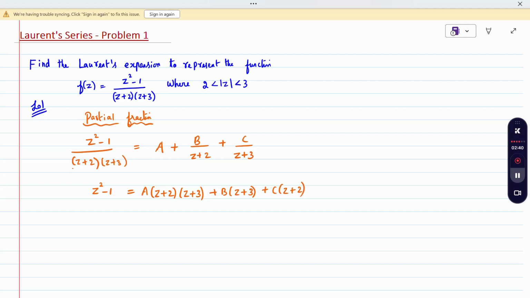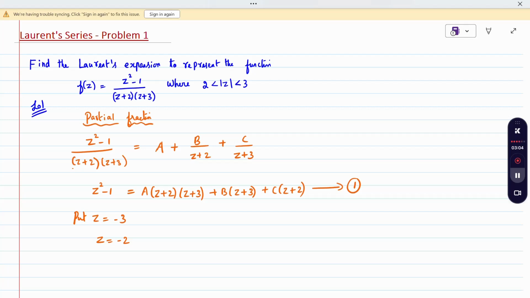Now I can find the values by putting z equal to minus 3, which gives one factor, and z equal to minus 2, which gives one more solution. I consider this to be equation 1.